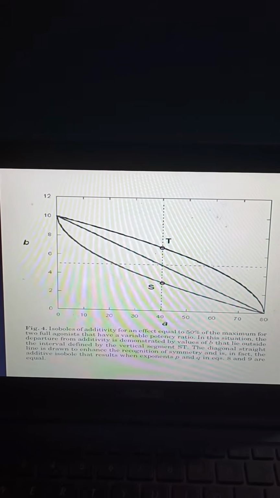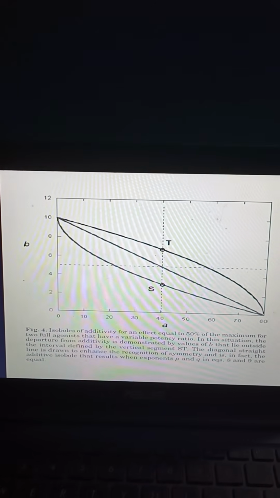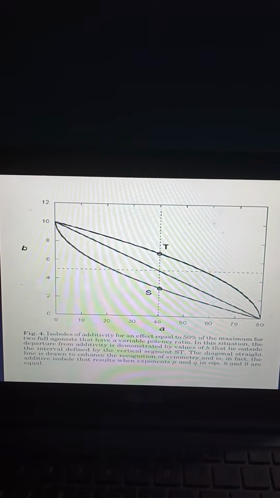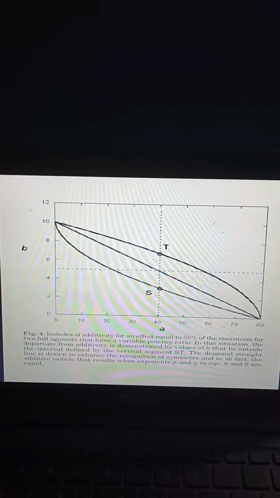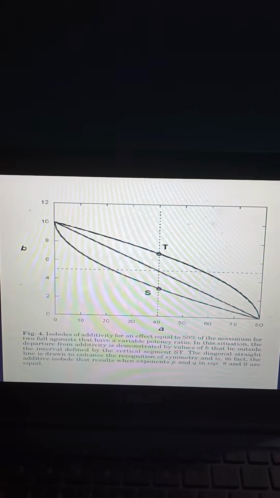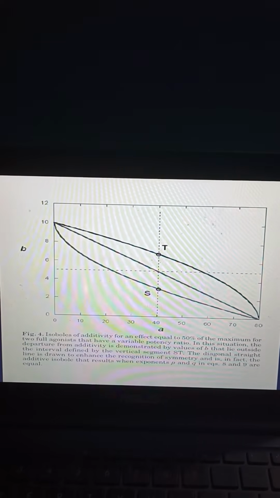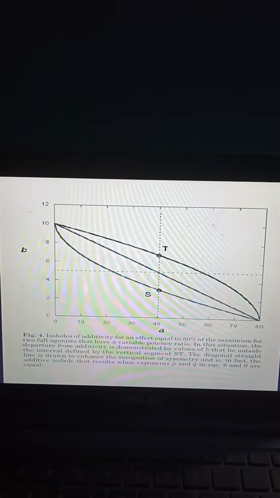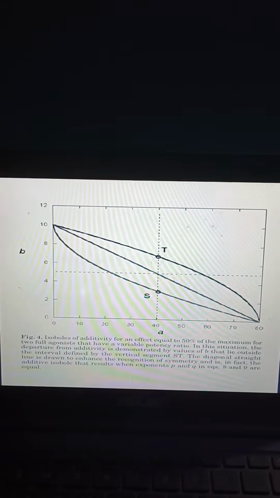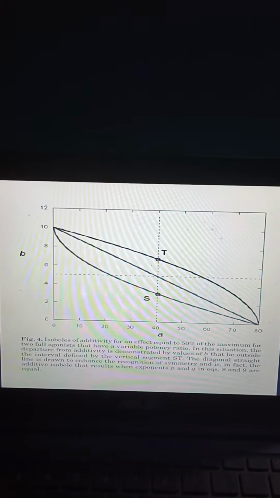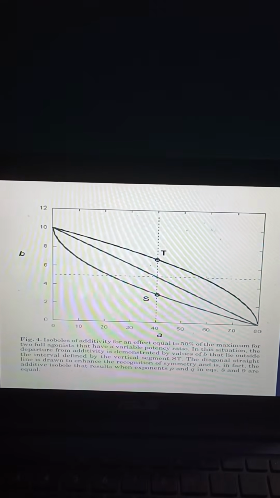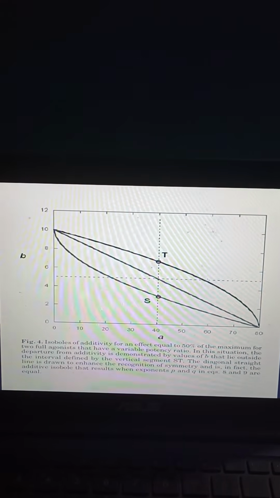In this situation, the departure from additivity is demonstrated by values of B that lie outside the interval defined by the vertical segment ST. The diagonal straight line is drawn to enhance the recognition of the symmetry and is in fact the additive isobol that results when exponents P and Q in equations 8 and 9 are equal. So you can go through different articles about isobols, and from these pictures you can learn more from articles and also from the books.